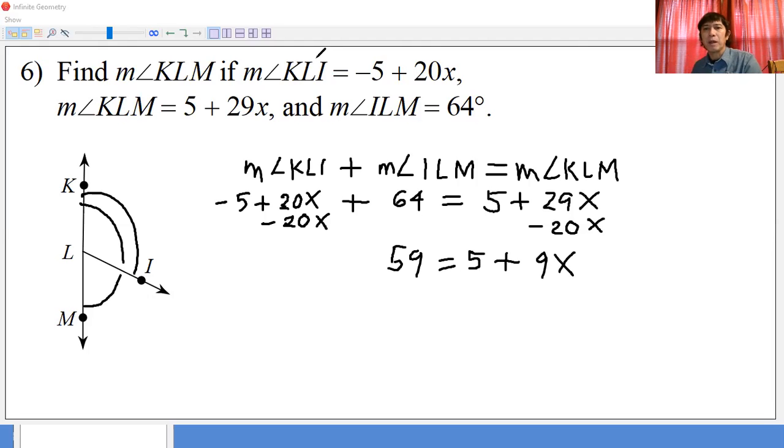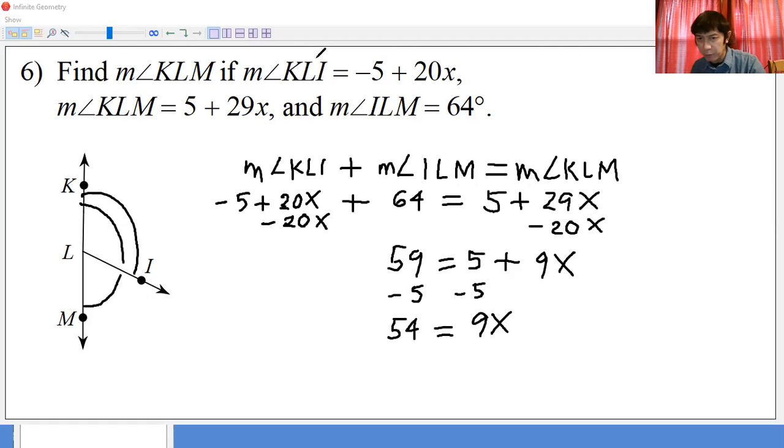Then let's proceed to the next step. This time we subtract 5 so that we will have the numbers isolated. So this will be minus 5 and then minus 5. And we will have 9x equals 54. One more step and we will have the value of x, and this is by way of division.